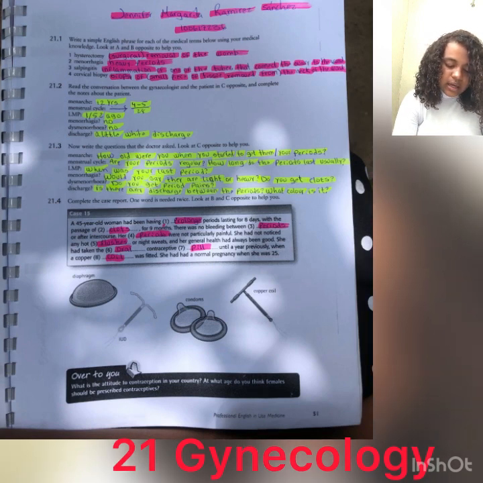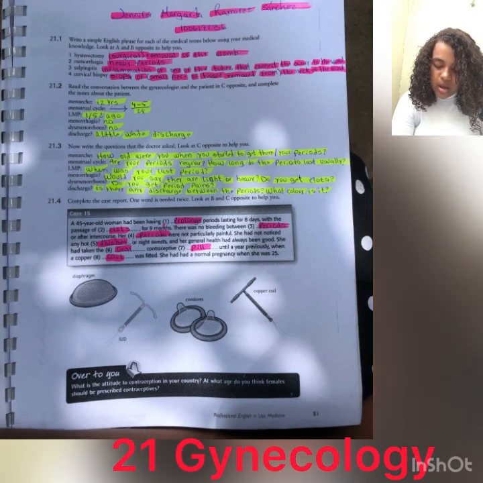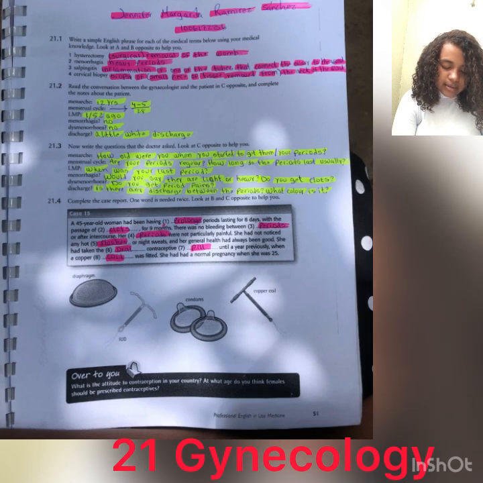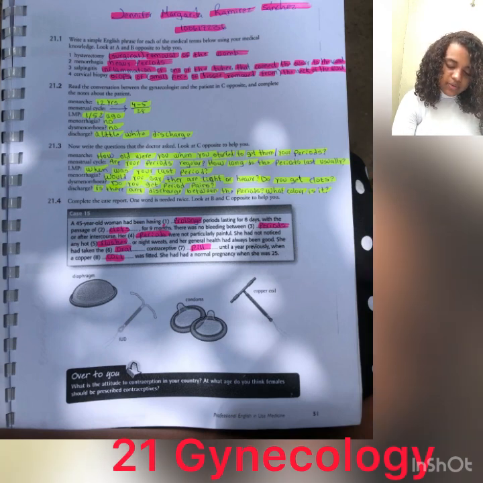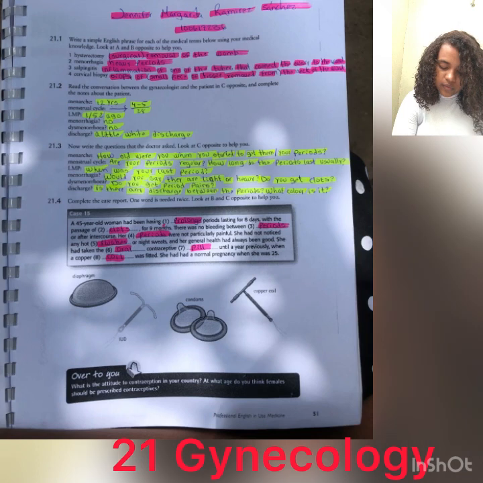She had taken the oral contraceptive pill until a year previously, when a copper coil was fitted. She had had a normal pregnancy when she was 25. Diaphragm, pill, condoms, copper coil.